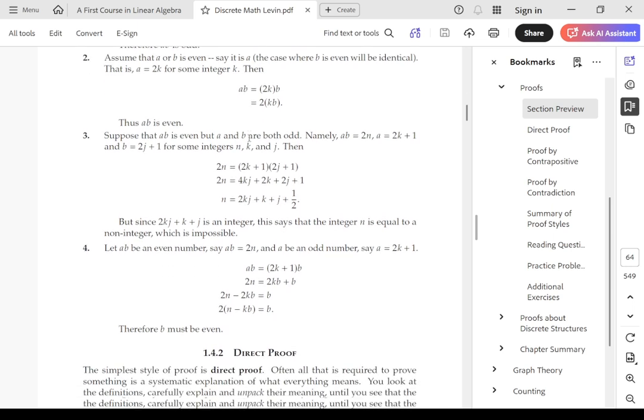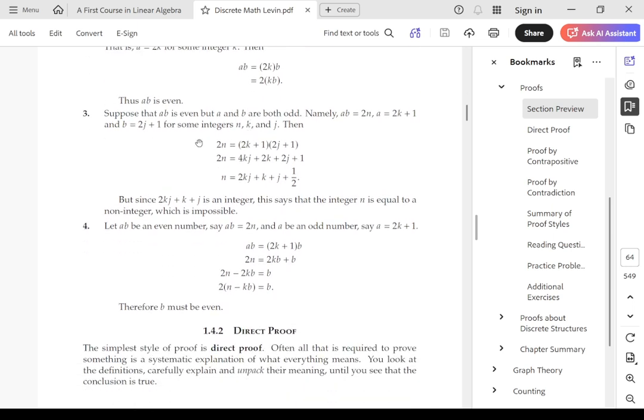All right, now this one is a different approach. It says suppose that A and B is even, but A and B are both odd. So they assume that the initial part is true, but then go with the conclusion being false.